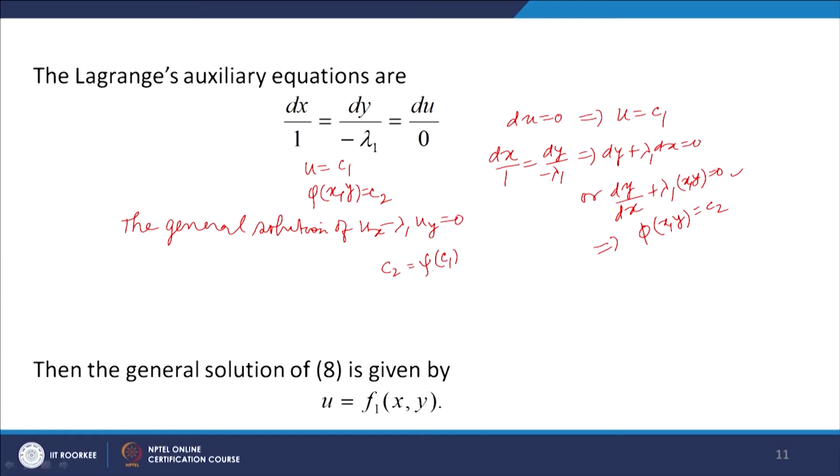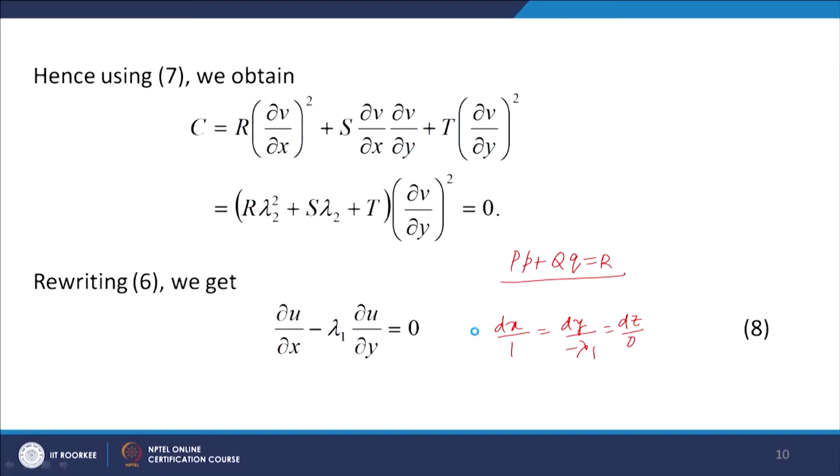So, we can say that C2 is phi xy. So, phi xy equal to psi of u, or we can say u is a function of x and y. So, psi u is equal to a function of x and y. So, u is equal to a function of x and y, which is the general solution of this equation ux minus lambda 1 uy equal to 0.